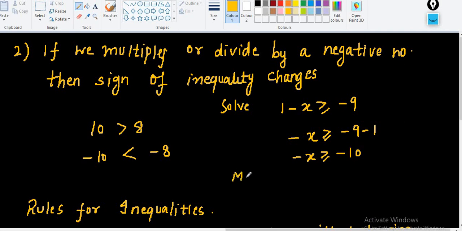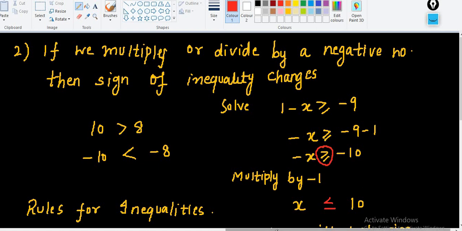You multiply by -1 in order to get the value of x. When you multiply by -1, you will get x here and 10 here. But this must be given attention that you must change the sign of inequality. If it is greater than or equal to, now it will become less than or equal to.